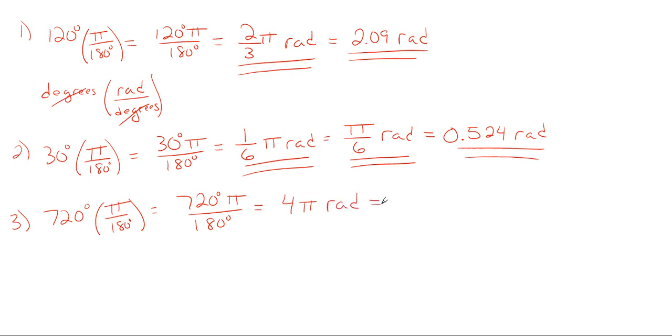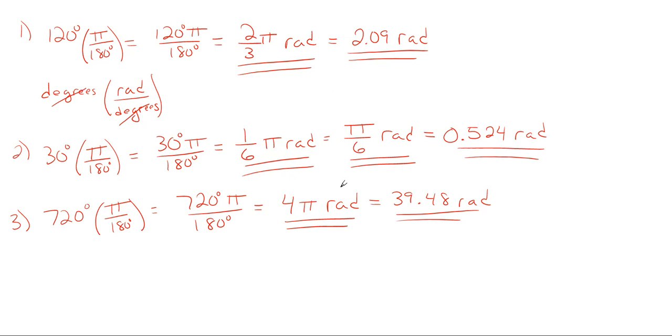And once again, if you need the actual number with decimals, 4 times pi gives you 12.57 radians. Either one of these answers is acceptable. As I said, most of the time when you're dealing with radians, you want to leave it in terms of pi.